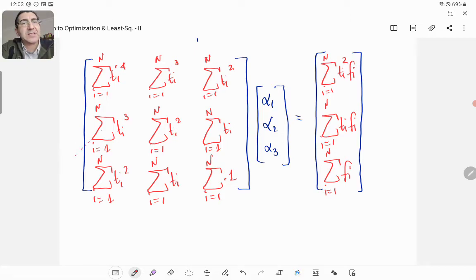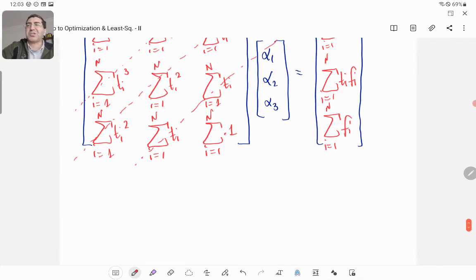It's basically a symmetric matrix, right? You see that these terms are exactly the same. So it's a special form.